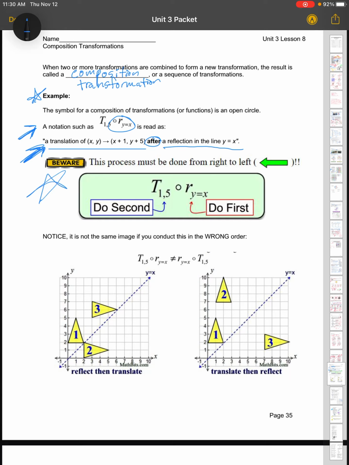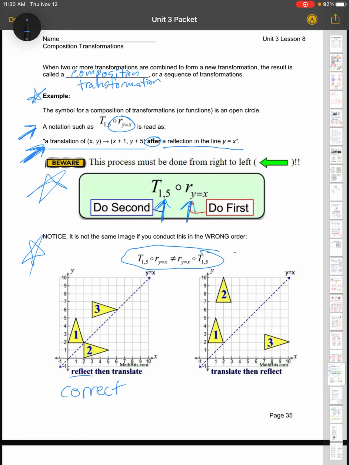So again, this process must be done from right to left. We're doing this first, this second. So let's take a look down here. If we don't do it in the proper order, things may change. Here it's showing you what happens if you do it in the wrong order. Let's do it in the correct order first.